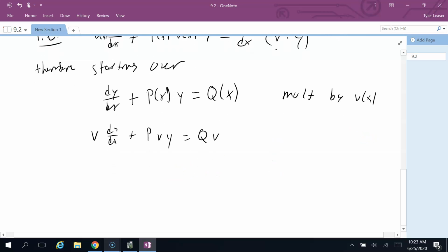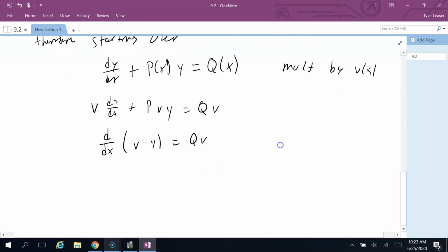Okay, what we're claiming is that this left-hand side, we could simplify down as the derivative of just v times y. And then if we integrate both sides, when I integrate the left-hand side, all that's going to happen is the derivative cancels out.